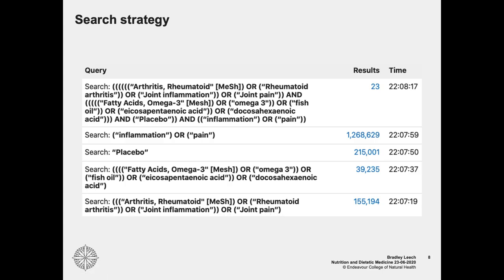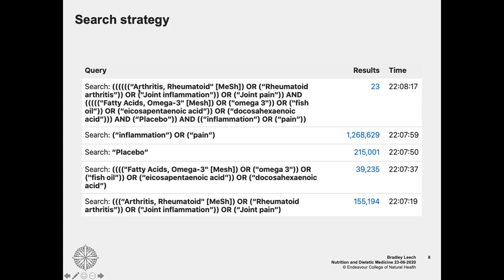Utilizing "or" will identify articles that have either joint pain or joint inflammation as a term within the title and in the abstract. Similar with the intervention arm, the comparison arm, and the outcome arm.